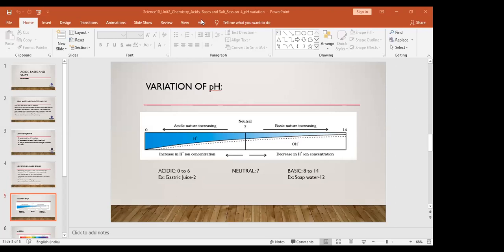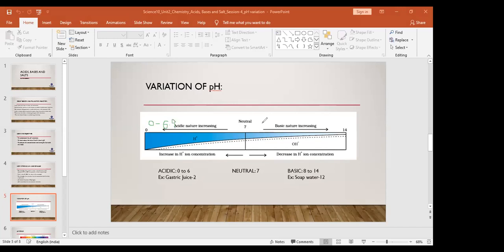Yes, ma'am. Now, when I say 0 to 6, it is actually going from 0 to 6.9. That means the acidity can vary from 0 to 6.9.